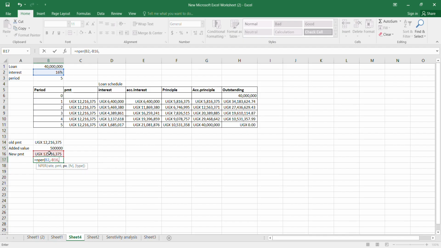Okay, and then we take the loan amount or the present value amount. And this time around, it's not negative. So our new NPER will be this, but we shall reduce the decimal points.